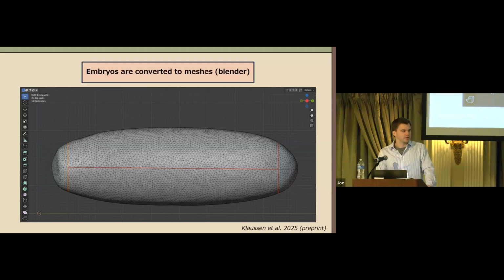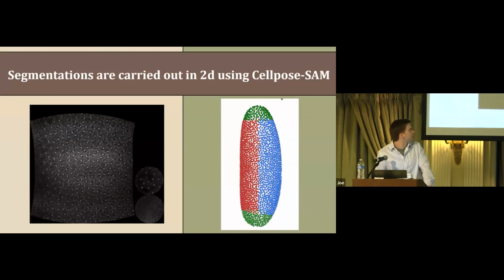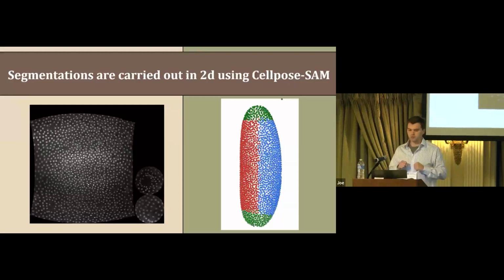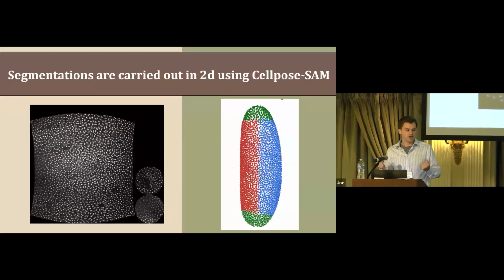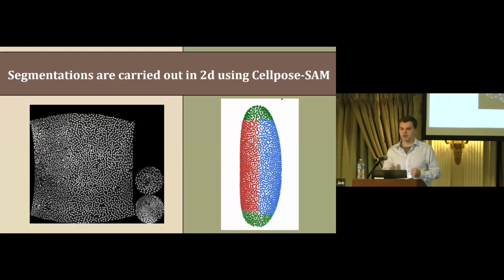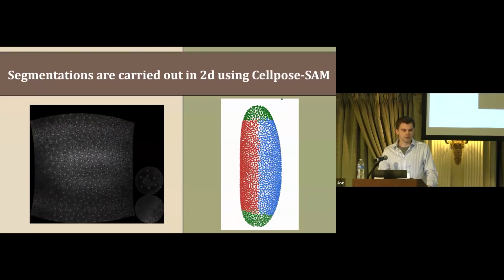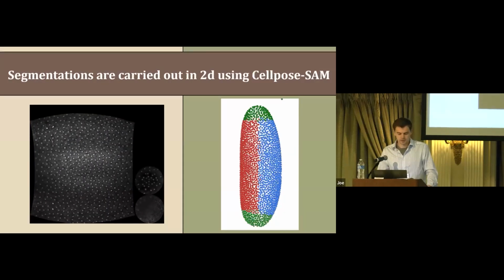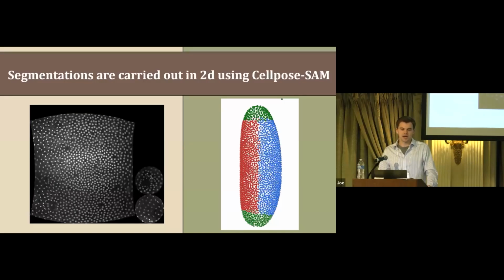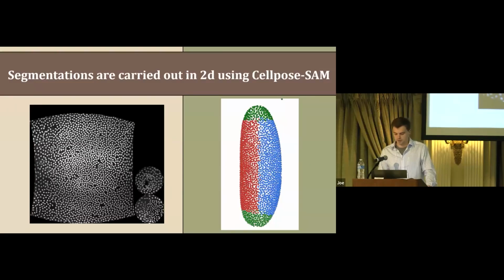We import our meshes into Blender and unwrap these embryos, and hopefully you can see on the left here that once you unwrap the embryo, it becomes a lot easier to see where these nuclei are. This is great data for segmentation with CellPose, which is a 2D model. Once we've segmented in 2D, since we know how we unwrapped these embryos, we can project that data back into 3D, which is what you see on the right.